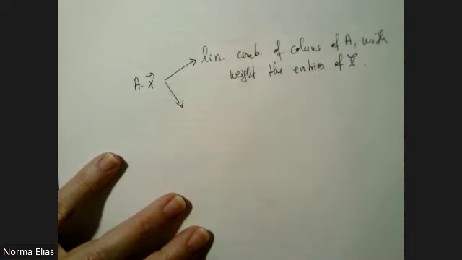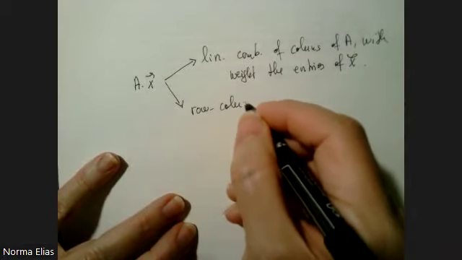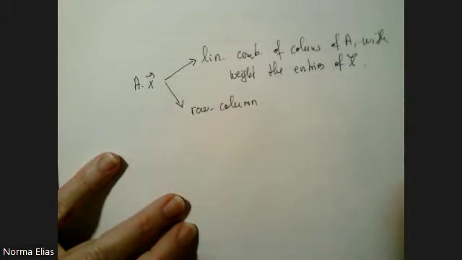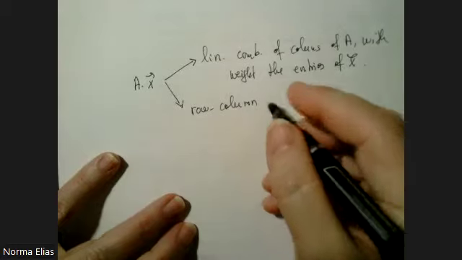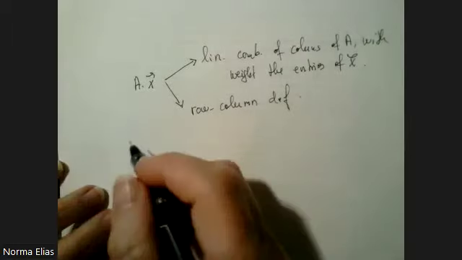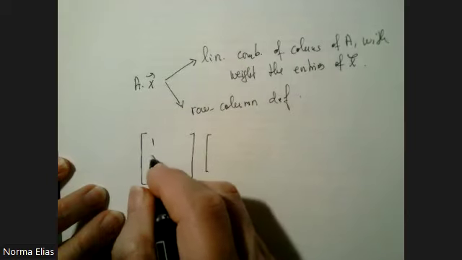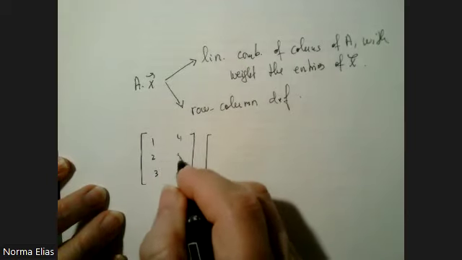And the equivalent definition, we use what we call the row column definition. And whenever I'm multiplying a matrix by a vector, I will go back and forth between them. So we took a simple example. Let's say 1, 2, 3, 4, 5, 6.